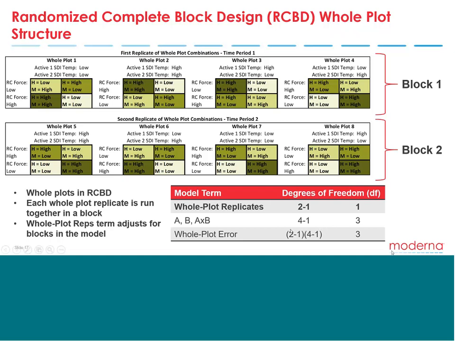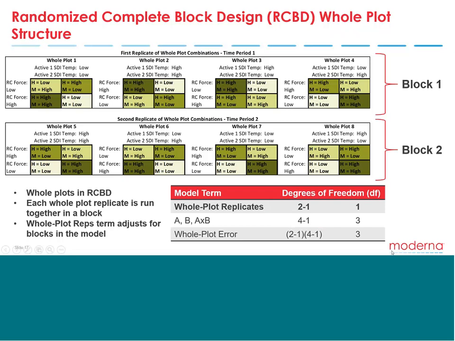So all of the ANOVA tables that we looked at so far have this top line that says whole plot replicates. Essentially what that term is doing is adjusting for the fact that you have your whole plot replicates in blocks. So this is really an important term to add when you are running your whole plot reps in blocks.